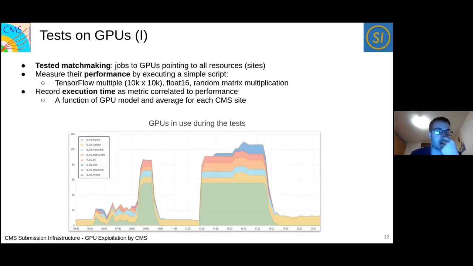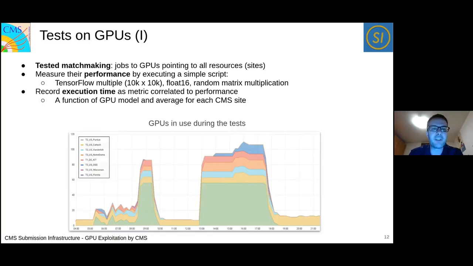We also performed some tests, I mean submission infrastructure, to check if these matchmaking algorithms were working. We tested this using jobs pointing to all available sites that share GPUs.